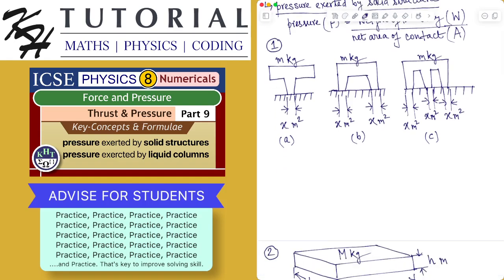So if I try to find the pressure exerted by the structures, for figure A, the pressure will be: the force or the thrust acting on the ground is definitely coming from the weight of the body, which will be m kgf, divided by the area of contact, which is x.